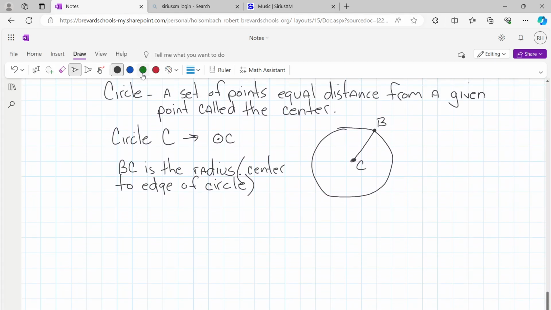There's another segment in a circle. Let's start on the left side of this circle. Let's go through the center, and we're going to stop at the other side of the circle. And I'm going to call that A and D. AD is the diameter.